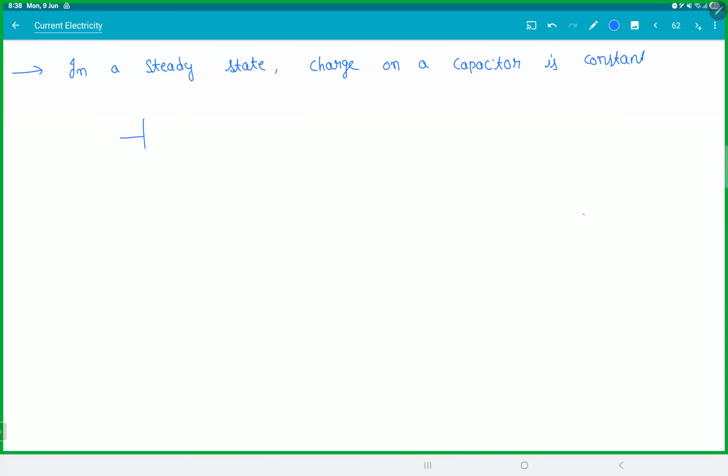So if you take a capacitor, the current is I and this is Q in steady state. I is equal to dQ/dt, which is 0 since Q is constant. So in steady state, the current in a capacitor is 0.